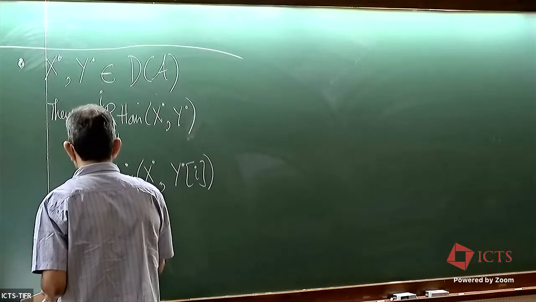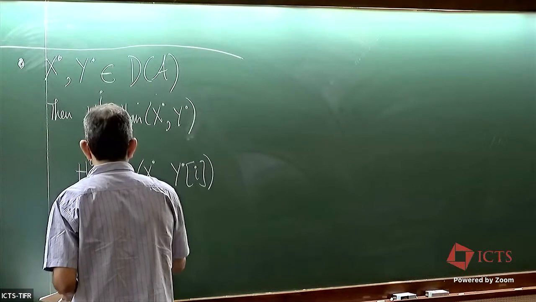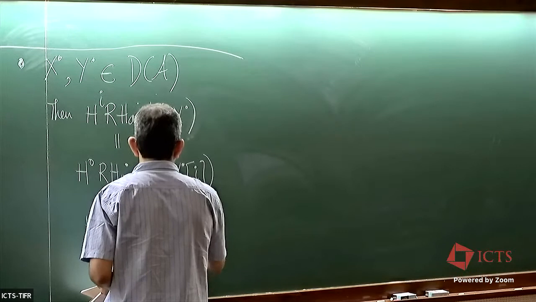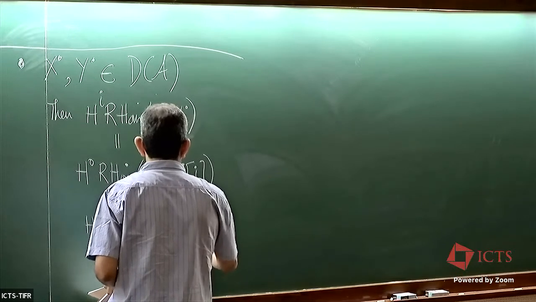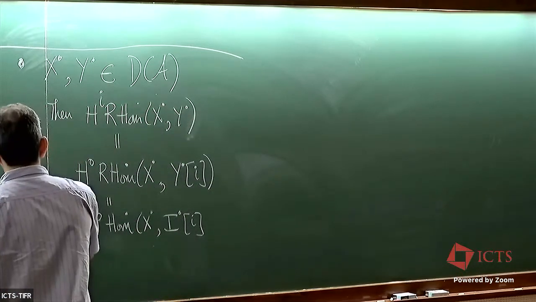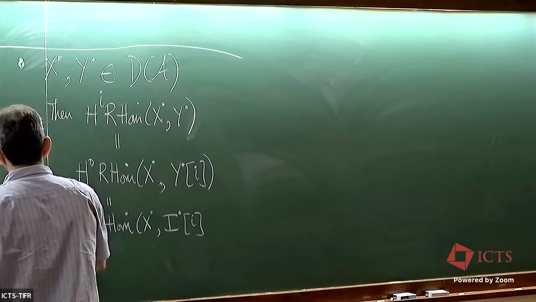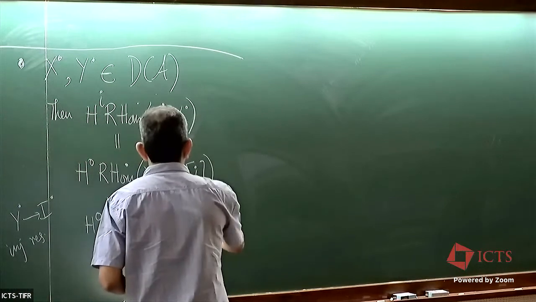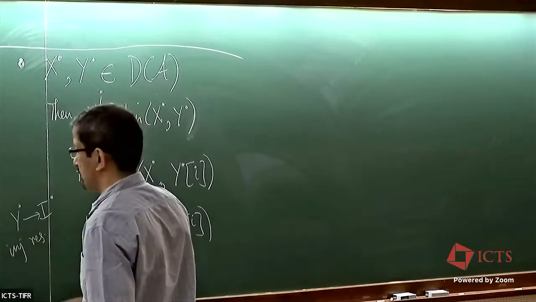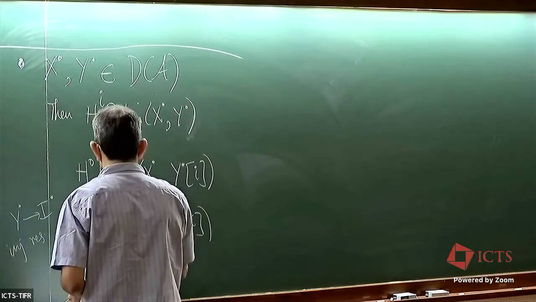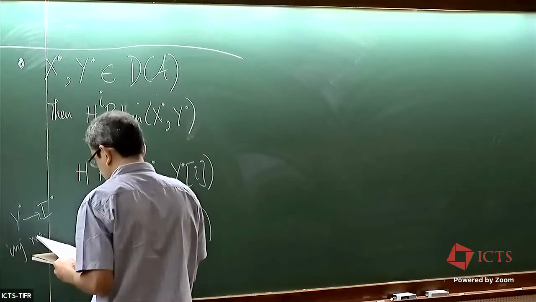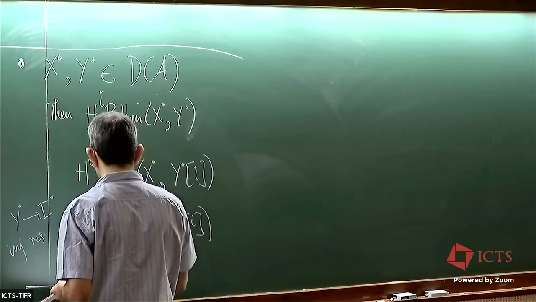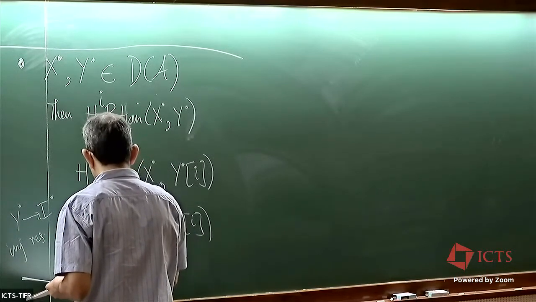So then this is H0 of hom dot of x dot comma I dot, where y dot to I dot is some injective resolution. From there, this is homotopy equivalence classes of maps, but that by definition is also the same as hom in the derived category.